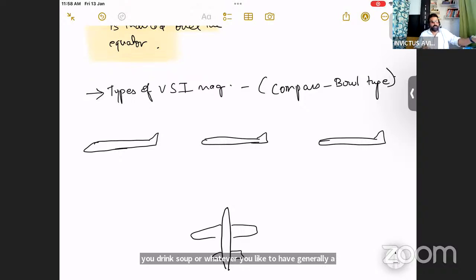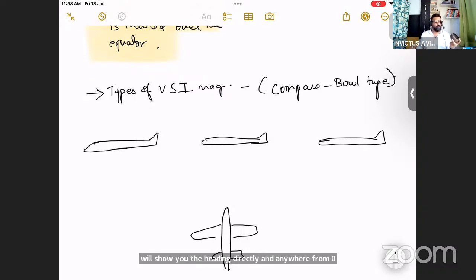In the bowl, there is a vertical card, and that vertical card has magnets. The vertical card has magnet needles. They move the vertical card. And as a pilot, if you are looking at it, then there will be a small window. In the window, the glass separation would be there, and there will be one white line known as lubber line. And that lubber line will show you the heading directly, anywhere from 0 to 360.